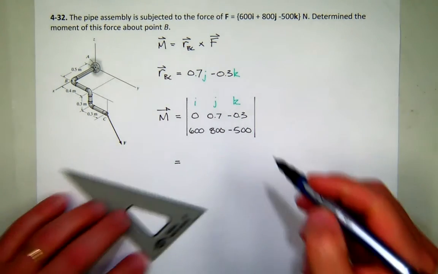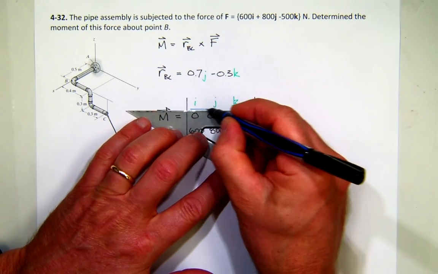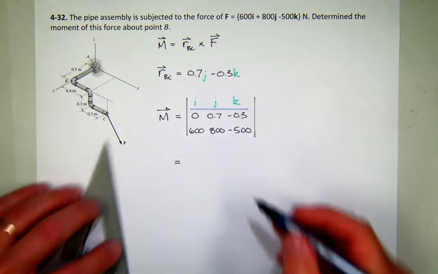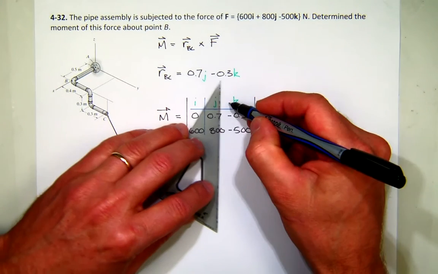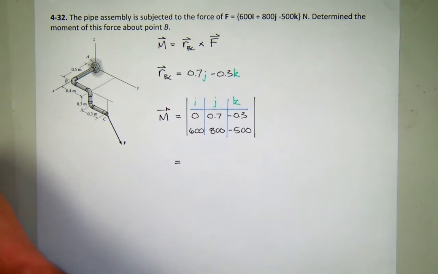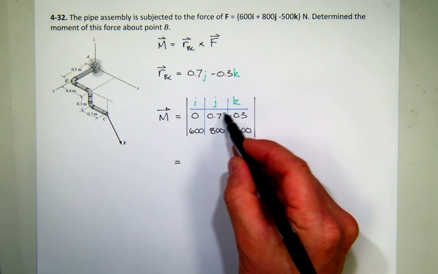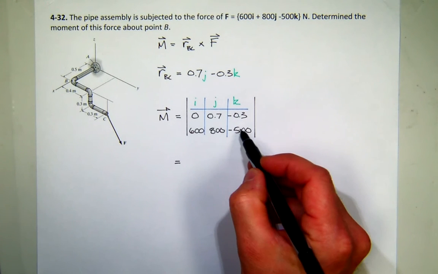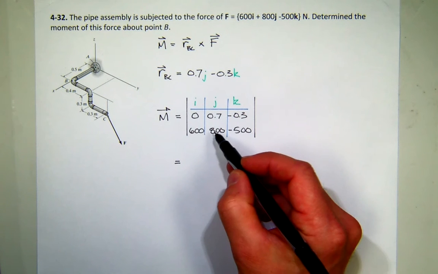Remember, we talked about this before, but we're going to isolate the first row and then in turn isolate each of the columns. So starting with the I vector, I'm going to take the determinant of this 2 by 2, which is the main diagonal minus the off diagonal.